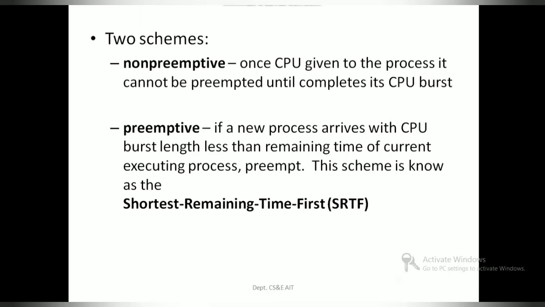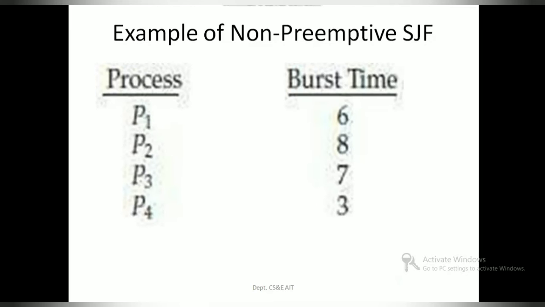If a process arrives with a lesser time, the process that is executing on the CPU shall be preempted and the process with a lesser burst time shall be assigned the CPU. This is also called shortest remaining time first scheduling. This is the scheduling algorithm that you are expected to implement.